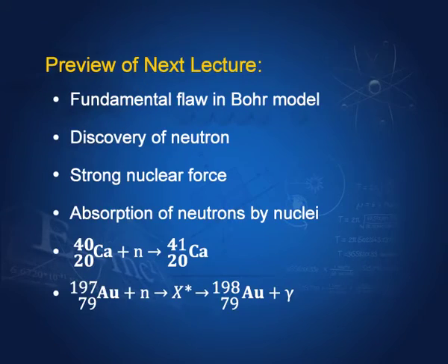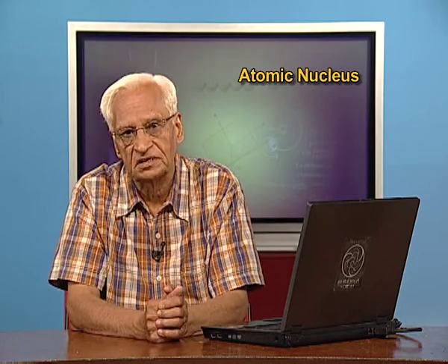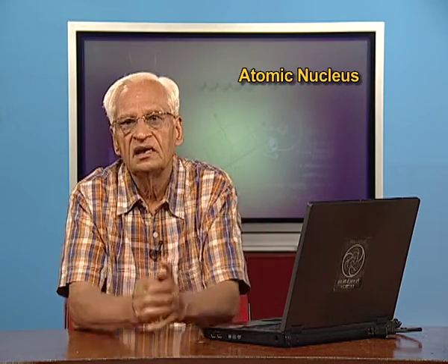In the next lecture, we shall see what uncertainty does to the Bohr model, and we can then resume our story of the structure of the nucleus. We shall study the discovery of the neutron, strong nuclear force, absorption of neutrons by nuclei, etc. Then at the end we shall learn about fission by neutron capture. That is in the next lecture.